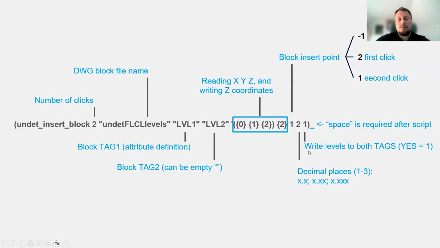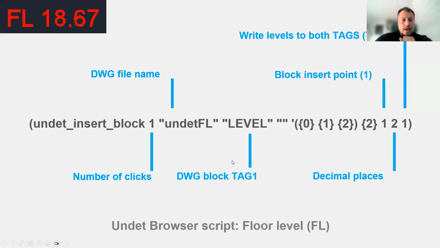And also you need to enter this parameter 1 to show the both tags as the levels if you're annotating floors and ceilings with 2 clicks. And the spaces are required after each script, just to repeat again and again, just to annotate the drawing without making a pause.